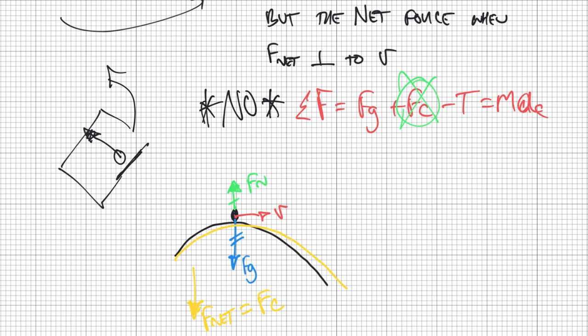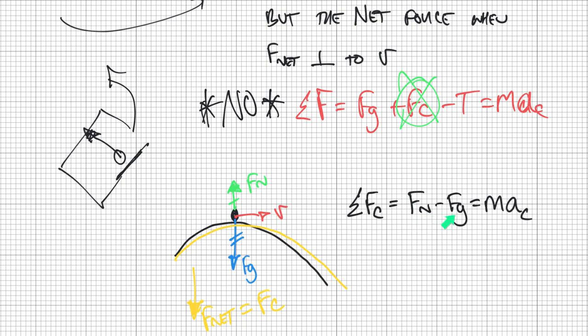So we would write it as the sum of the forces in the y direction equals the normal force minus the force of gravity equals mass times centripetal acceleration, right? So this net force in y really is what becomes the centripetal force there. And we know that centripetal force must always be pointing towards the center of our circle.